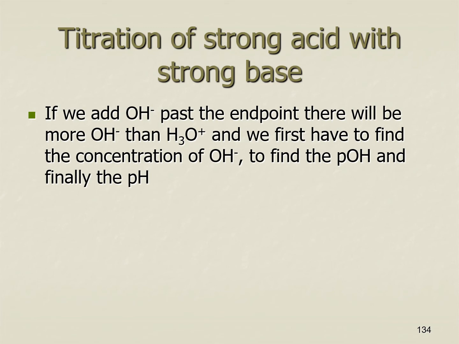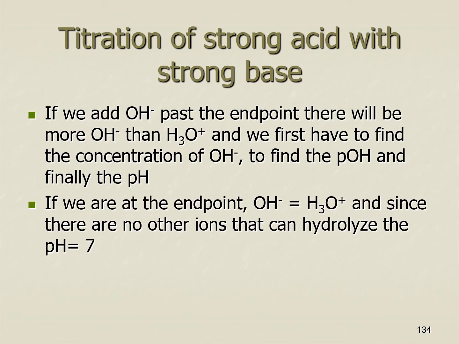This time you would have 0.005 moles excess, but it would be OH negative. And so you would go through the same process. You would still divide by the total volume, and you would get the concentration of OH negative, but then make sure that in that case you have to find the pOH and then the pH. And so in that case your pH should be greater than 7.